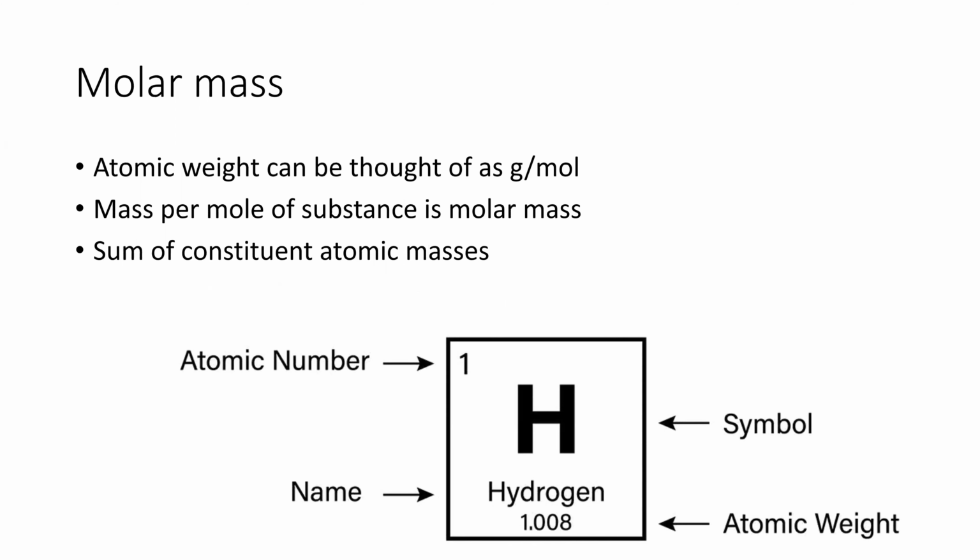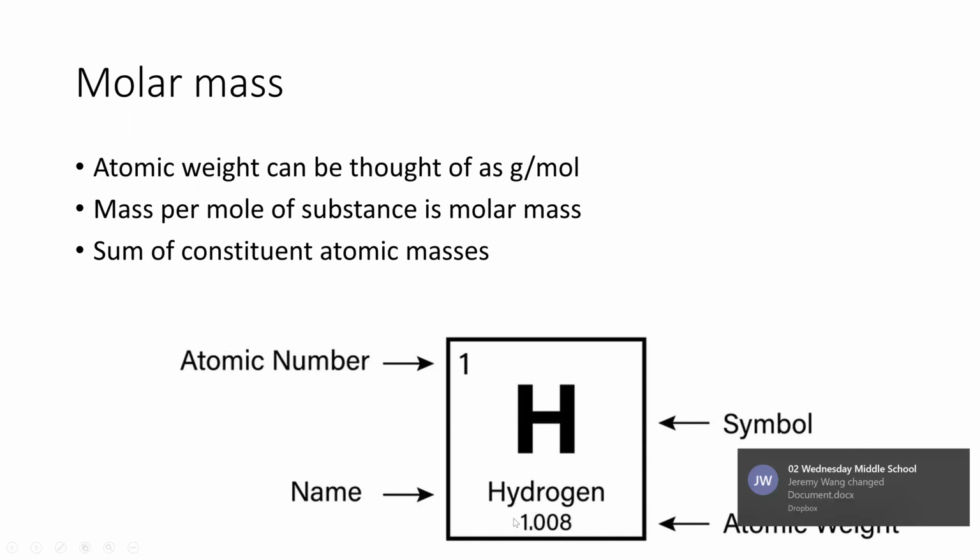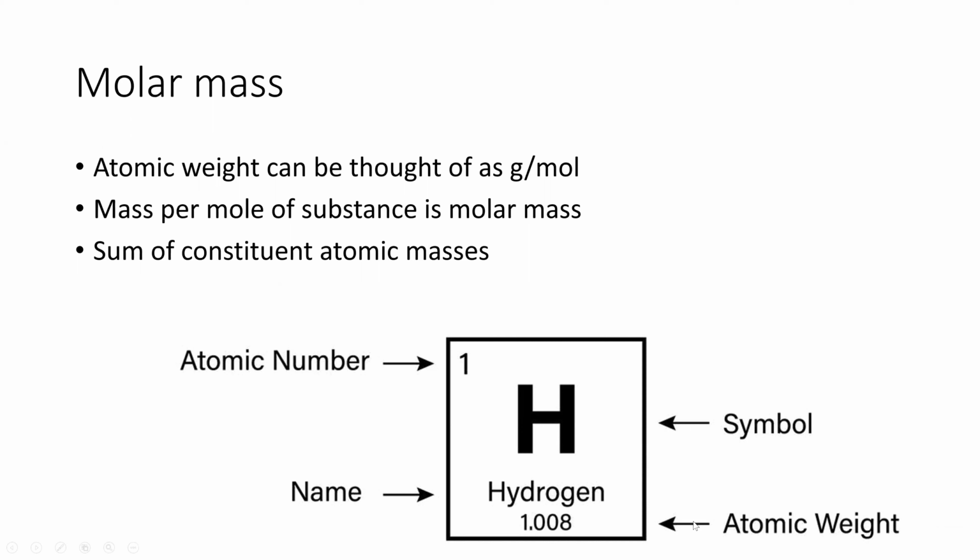Okay. So why have we chosen this seemingly arbitrary Avogadro's number? Well, the reason is because it helps us relate what are called atomic weights, remember the very first lecture, to grams. This number on the bottom part of the element symbol is called the atomic weight.